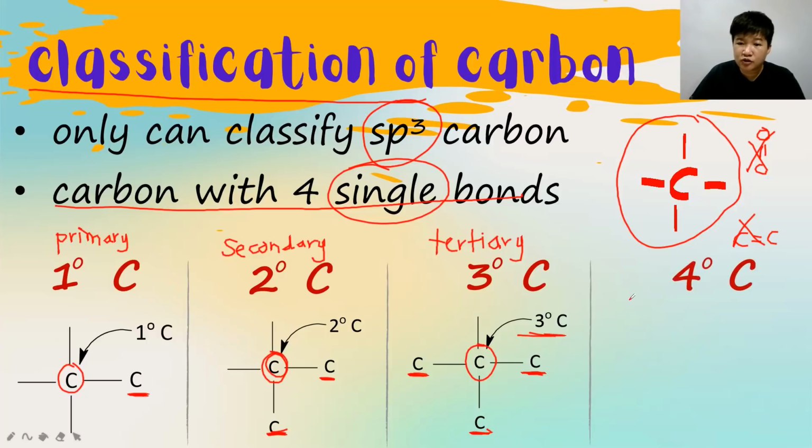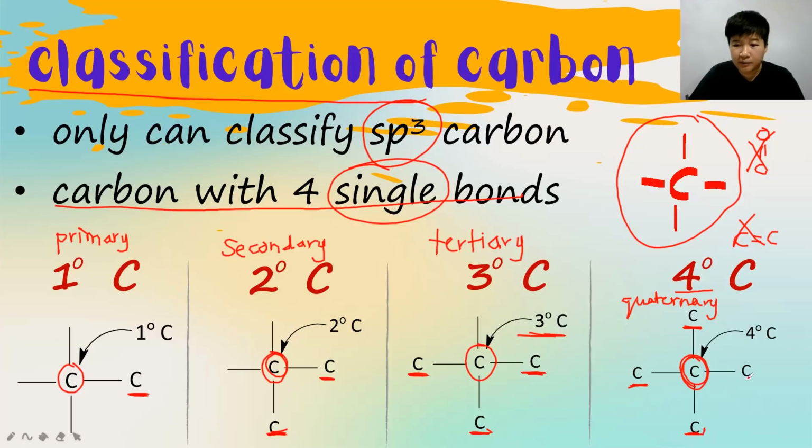Last but not least, you have your quaternary carbon. Alright? The quaternary carbon, 4 knot means what? Obviously, the carbon is bonded to 4 single bond carbon. And that will be your quaternary carbon. Alright?